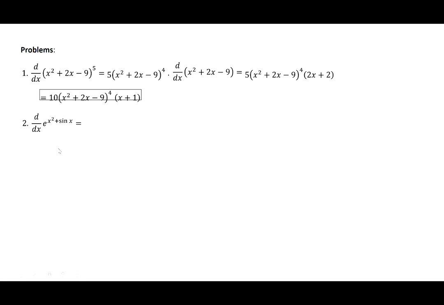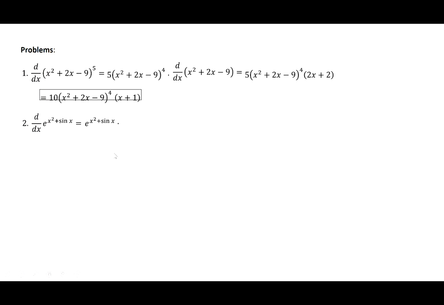If you need to, write down on the side, u equals x squared plus sine x. And so d dx of e to the u, we did that in the previous slide. First take the derivative with respect to u itself. The derivative of e to the u is e to the u. So as a first step, e to the u happens to be e to the x squared plus sine x.